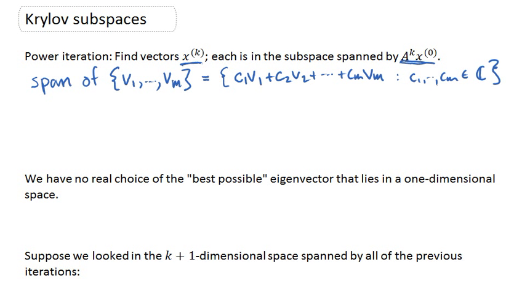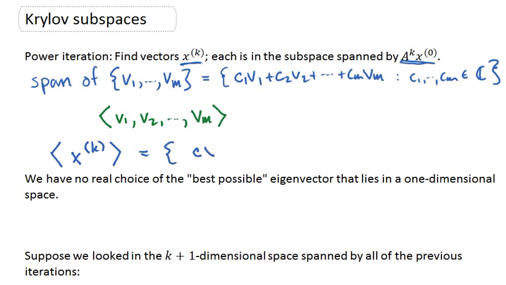We're going to write this as angle brackets around those vectors. So the span of a single vector, to get back to the specific case here, the span of the vector x superscript k is just the set of all c times x_k. That is a one-dimensional subspace.